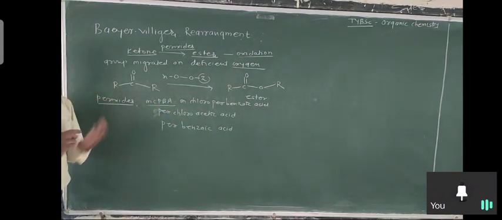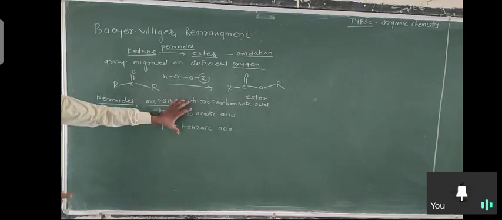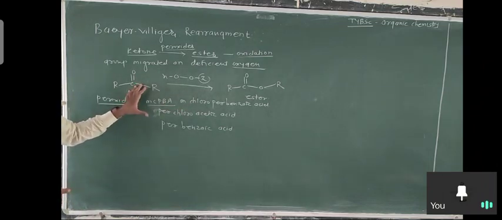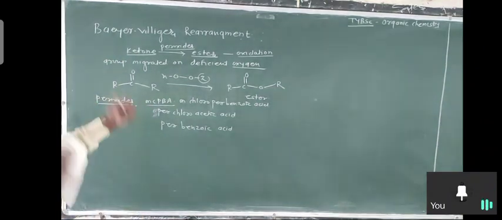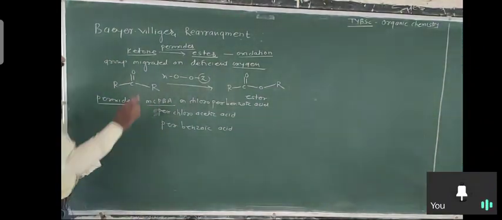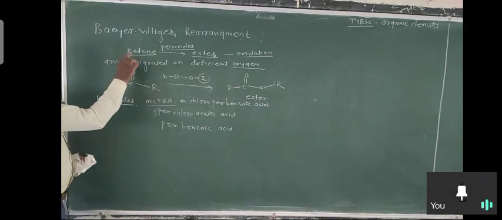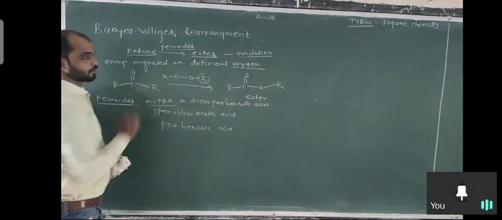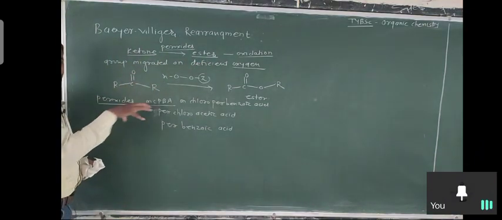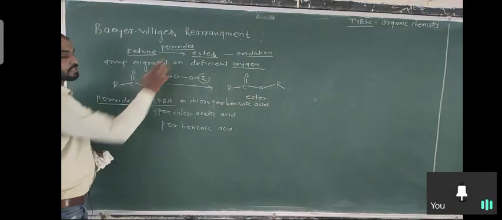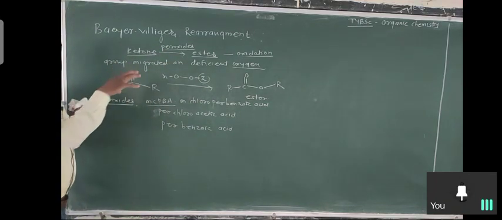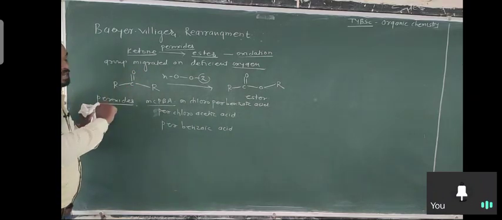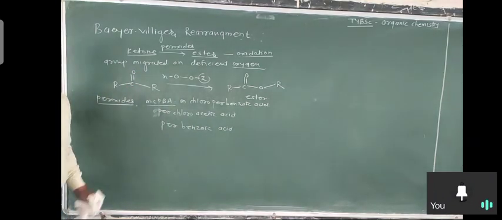So here the ketones are converted into ester. We are going to discuss the mechanism of this reaction. I repeat again, it is the rearrangement in which ketones are converted into ester, which is an oxidation reaction. So peroxides are used as a reagent. The group is migrated over onto the electron deficient oxygen.